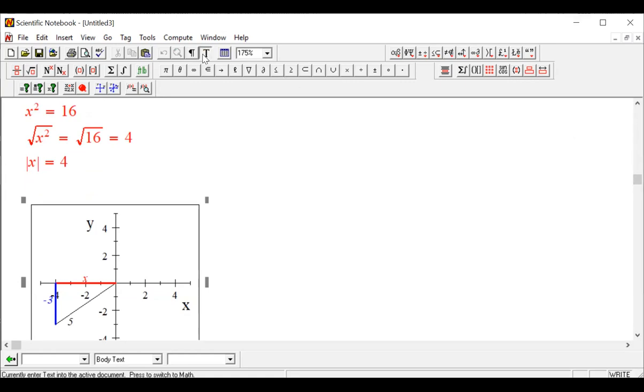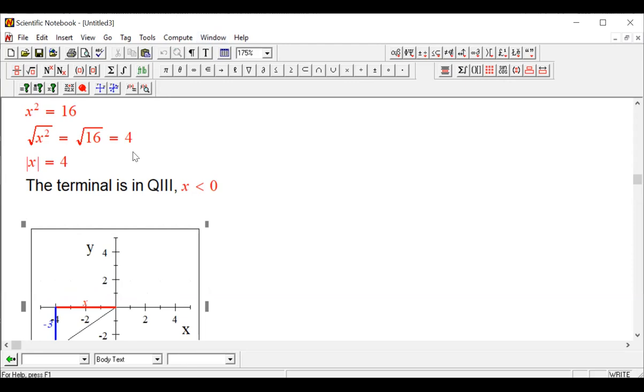Also, you want to point out the angle terminates, the terminal side is in quadrant 3. Therefore, x is negative. Because x is negative, the absolute value of x is equal to its opposite.